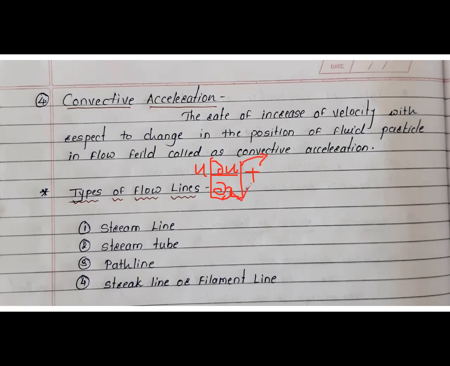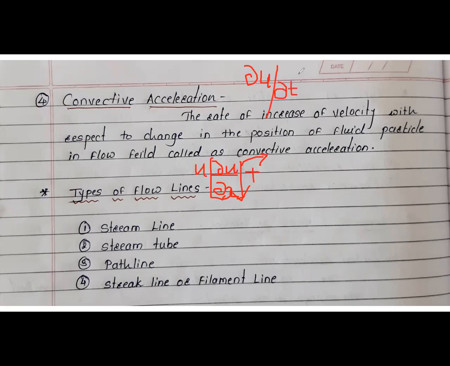X is the space. If it was du by dt, it means that it is changing with respect to time. So whenever you see that kind of term, du or any derivative of a particular quantity, it is showing the change, the rate of change, and the denominator shows with respect to what.